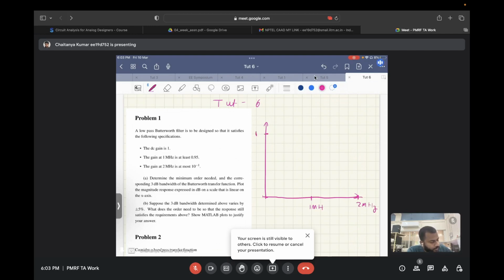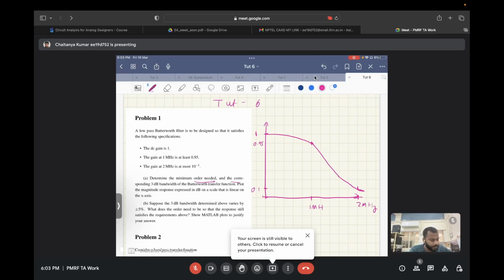At DC it should be 1, and let's say this is 0.95. It should go something like this, and then this is, let's say, 0.1. So it should be something like this. So determine the minimum order needed and the corresponding 3 dB bandwidth of the Butterworth transfer function. Plot the magnitude in dB scale. I hope this part is okay for you, right?